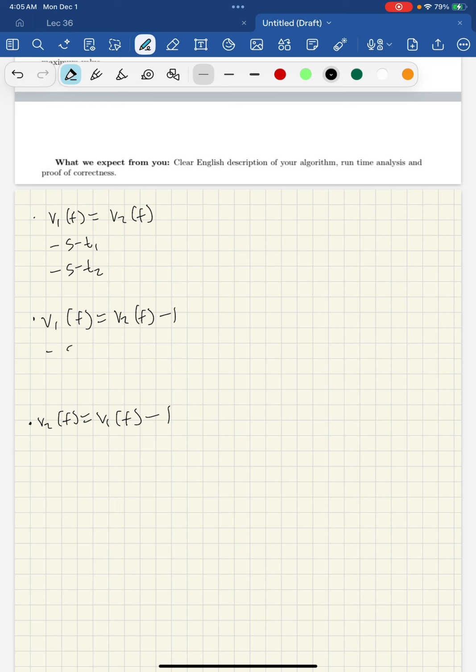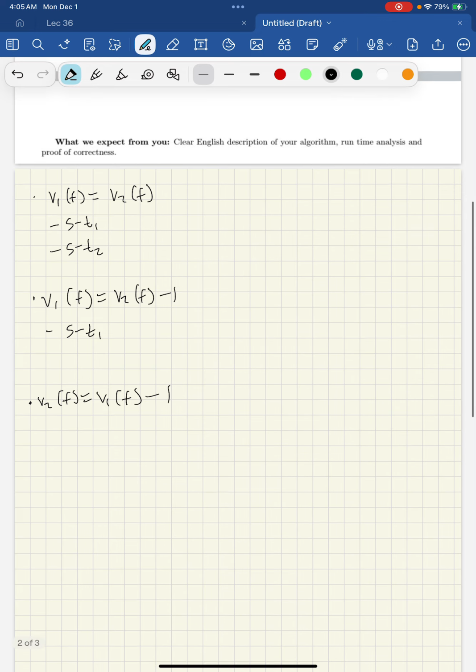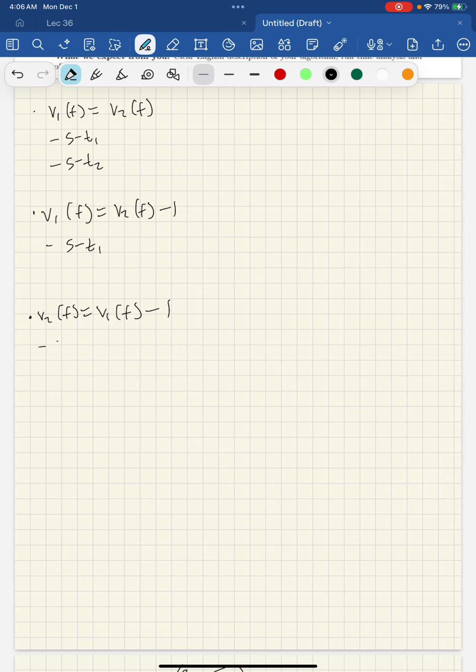And so we must send a unit of flow along an S-T1 path, and so then that will make the flows equal into the two sinks. And so the third possibility will just be the other way around. We must send a unit of flow into T2, so find an augmenting path along an S-T2 path.